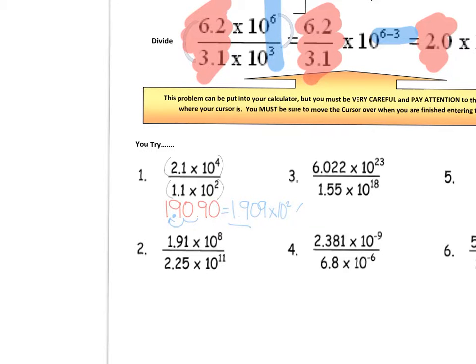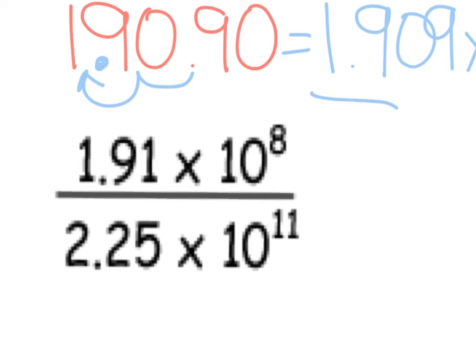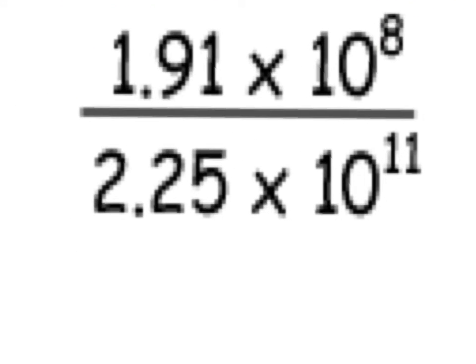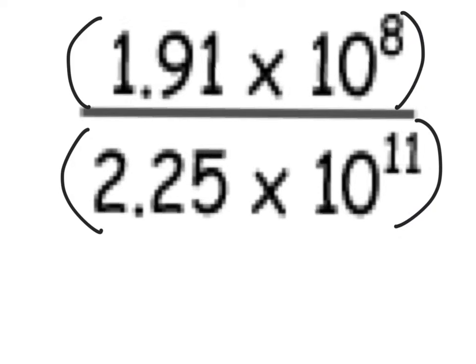All right, let's take a look at the second one. Let's look at number 2. Again, you need to make sure that you're putting in parentheses. Okay, so you're going to put in parentheses 1.91 times 10 raised to the 8th power. Make sure you're pressing that over button so your cursor's not up there with the exponent.